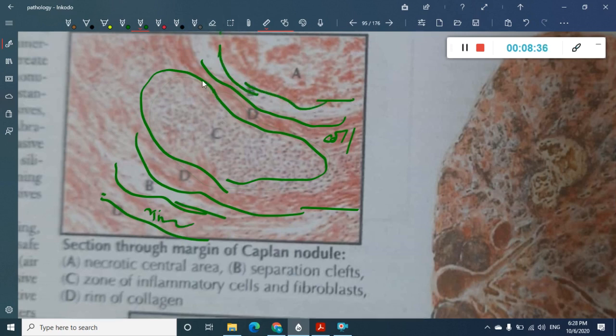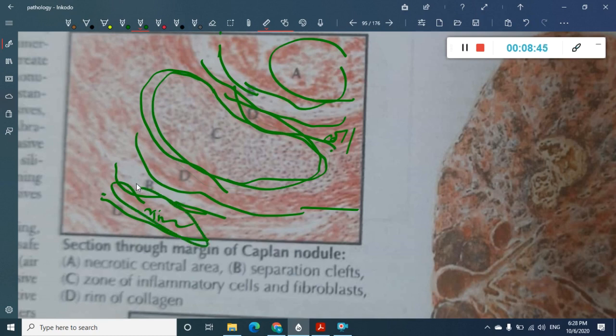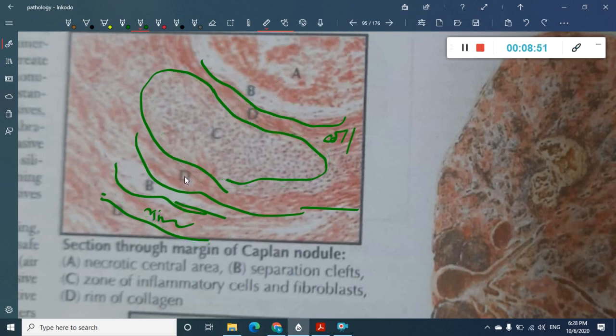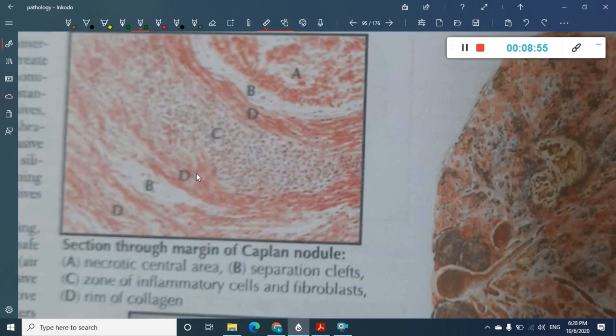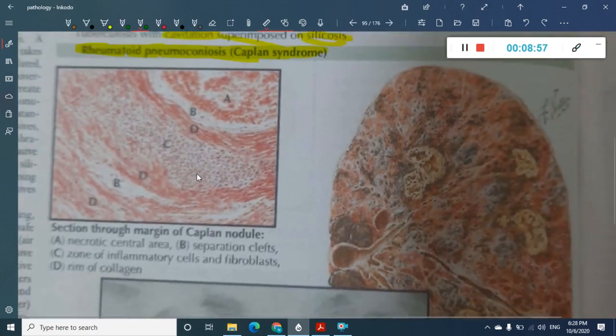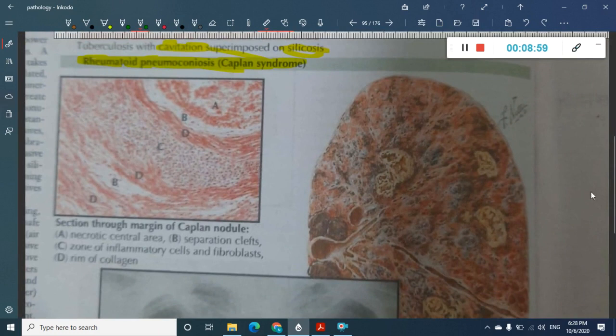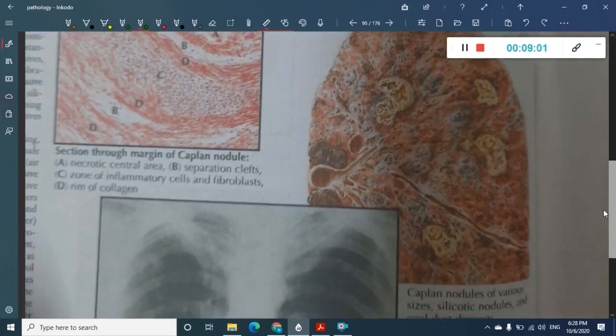So the main thing is you will have inflammatory cells surrounded by collagen, and after this you can have either necrosis or again collagen. These are the clefts which you see in between. So this whole unit is called a Kaplan nodule. These Kaplan nodules are pathognomonic of Kaplan syndrome, that is rheumatoid arthritis with pneumoconiosis.